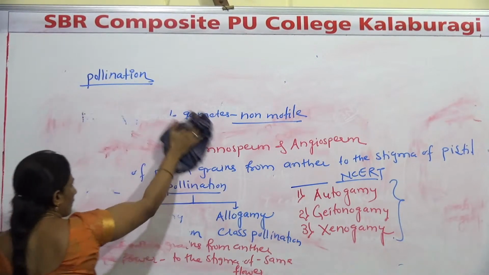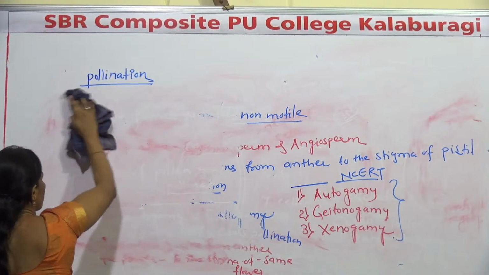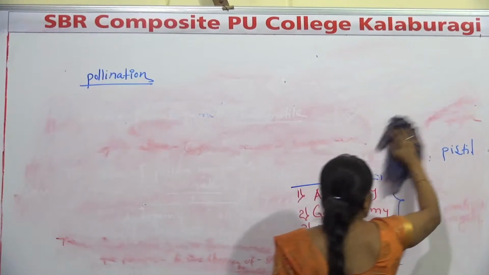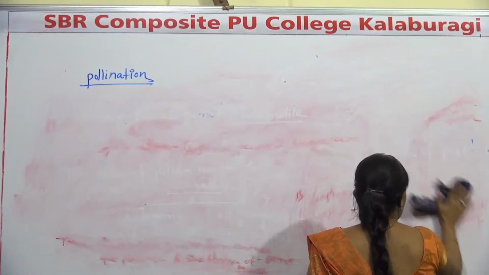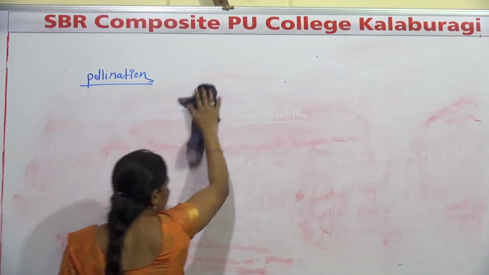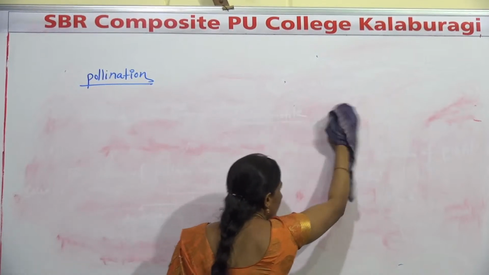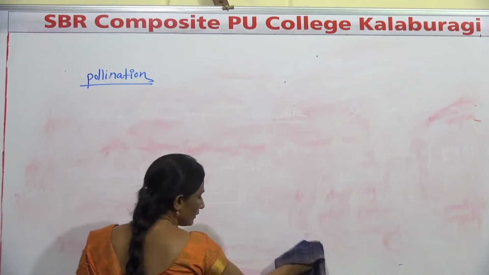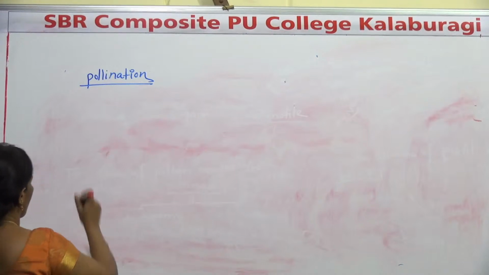Okay, here, what are the characters of self-pollination or autogamy?